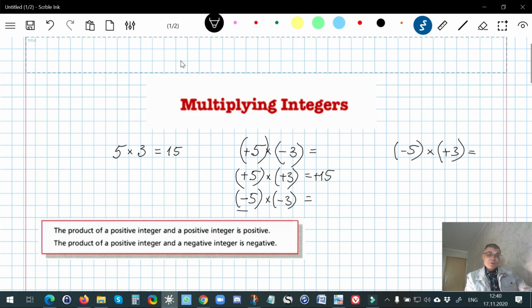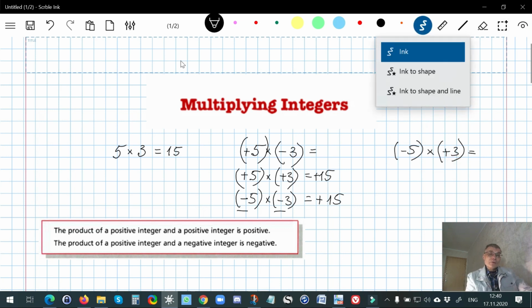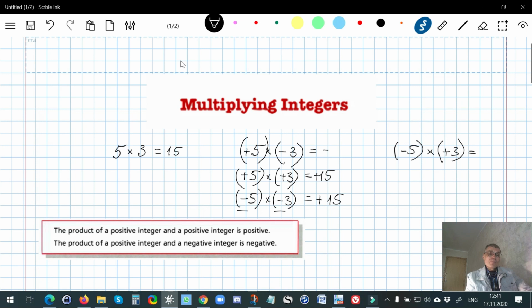When both signs are negative, we also get a positive result. It's positive 15. And only when one sign is negative and the other one is positive, we get a negative result. So here, we get negative 15.